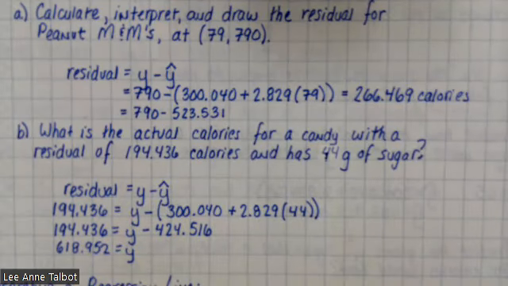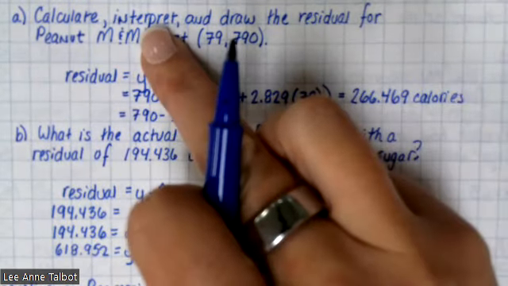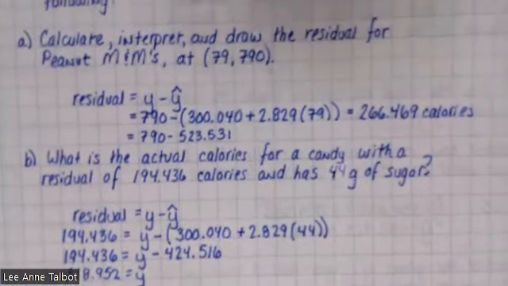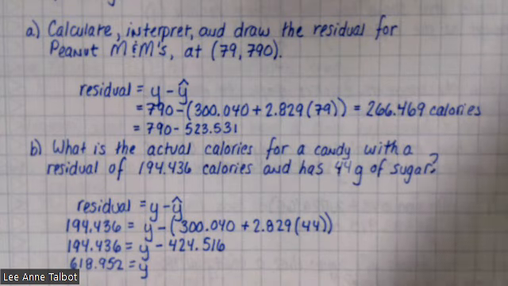I have 5 minutes left of your time. I did not interpret the residual here. So I need to write the sentence for that, and then I'll save the rest of it for tomorrow. Hopefully I'll have time. It's not long, but it's not a big deal. So let's go over to here to interpret the residual.